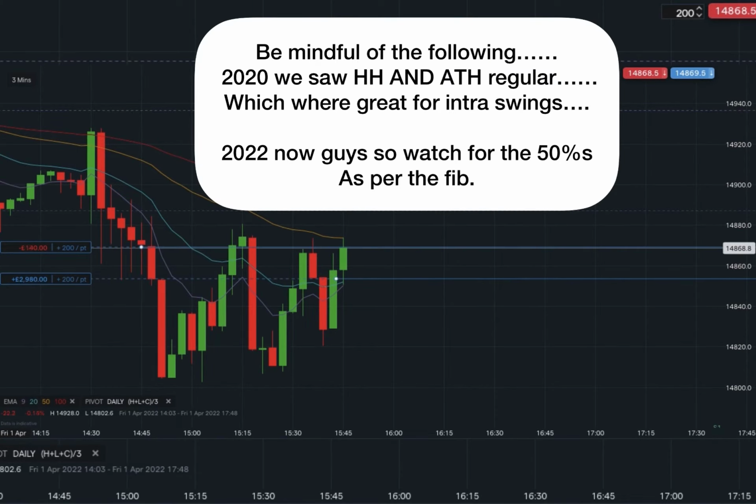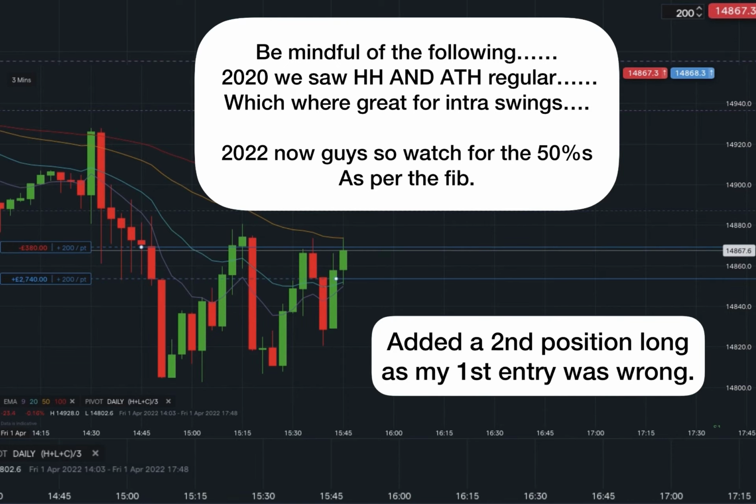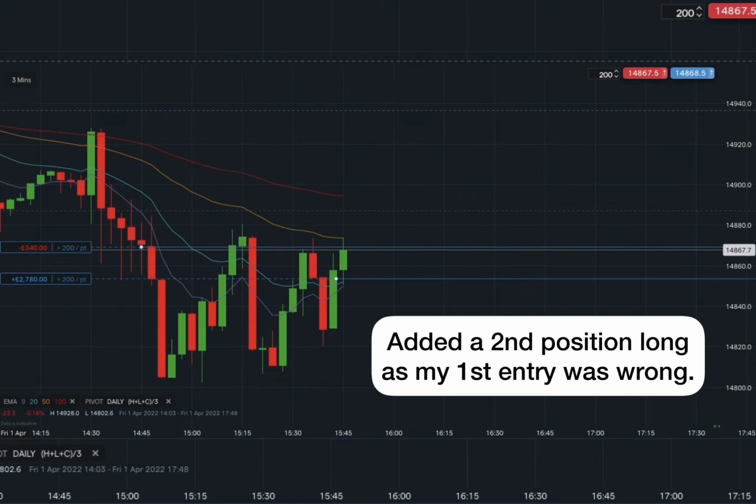Okay, so this is when I obviously placed another position a little bit late. Really, I should have been a little bit earlier. But then I placed the other position. I was happy to break even, let it run a little bit, and I kind of recouped a bad entry because of my position size.